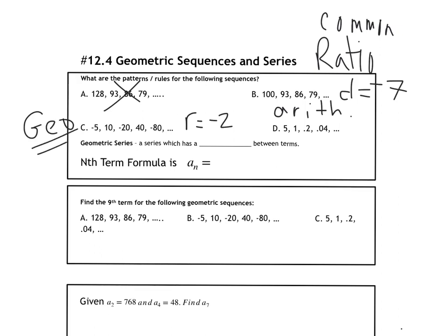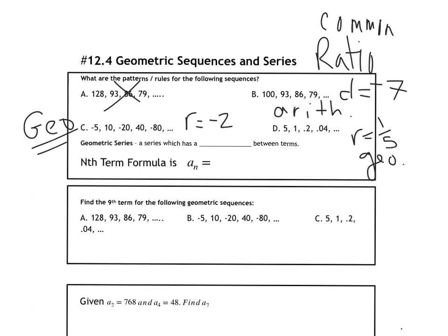It's multiplication. In the next one, 5 times 1/5 is 1. 1/5 times 1 is 0.2. 0.2 times 1/5 is 0.04. So that one is geometric also.